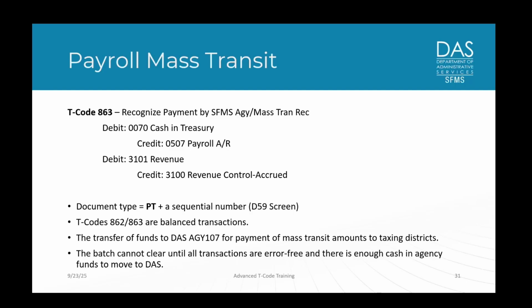The document type will be PT, and again continues with the sequential number from the D59 screen. And the transfer of funds to DAS is for payment of the mass transit amount to taxing districts. The batches cannot clear until all the transactions are error-free and there is enough cash to be transferred.